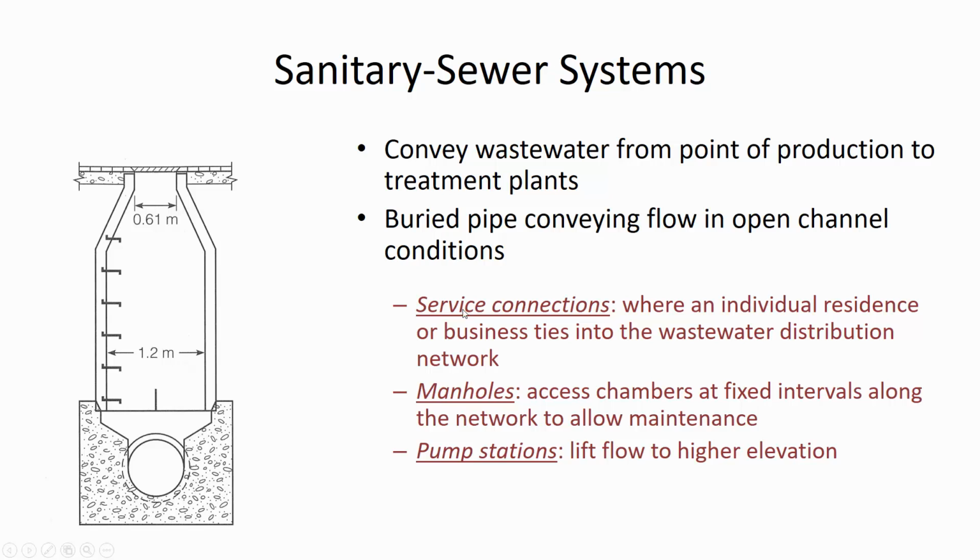Service connections are the small lateral lines that connect homes and businesses to the larger main lines. And often it's a matter of policy or local code that service connections are owned by the homeowner. And so it's not necessarily the sewer company or the city that owns the pipe that goes to your house.